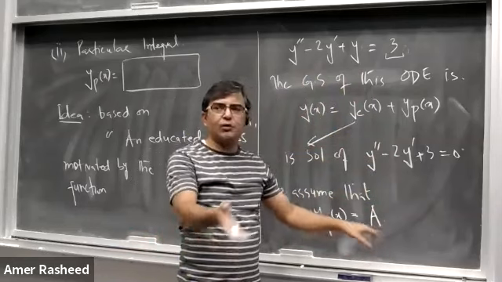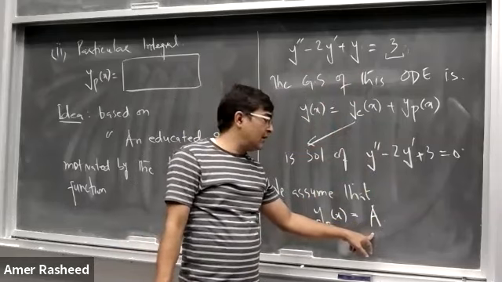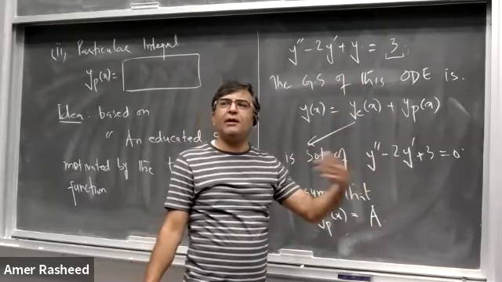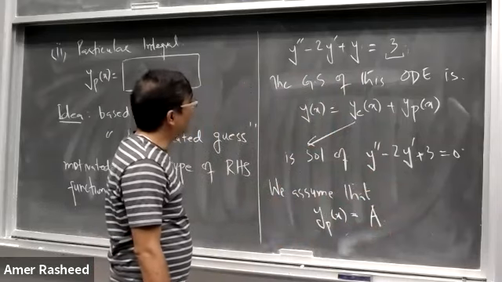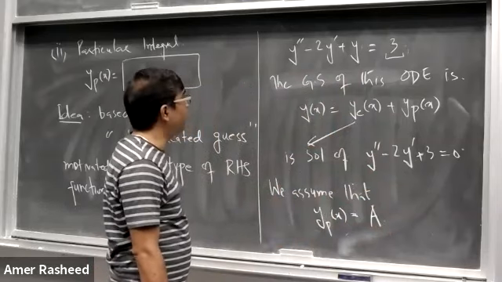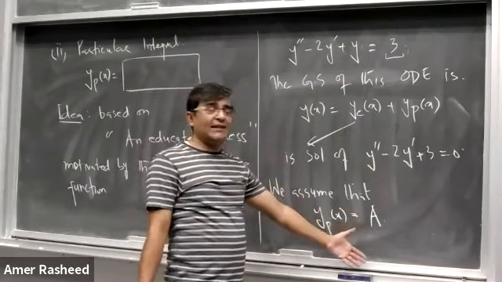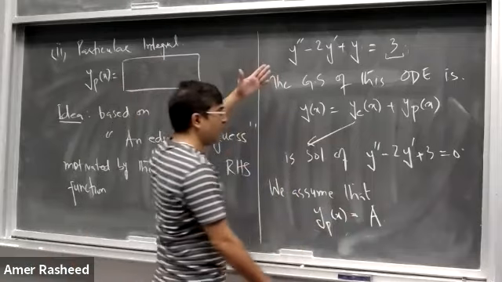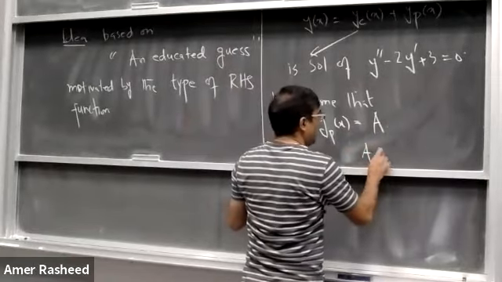In books they usually use capital letters for the constants which appear in the particular integral, for example A, B, C, but you can use whatever constant is convenient. So we assume that the particular integral is this. If it is one of the solutions of the given differential equation, then it must satisfy the given differential equation. So this is where A is some constant.